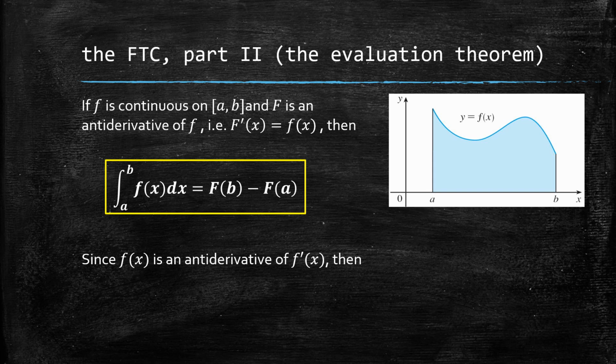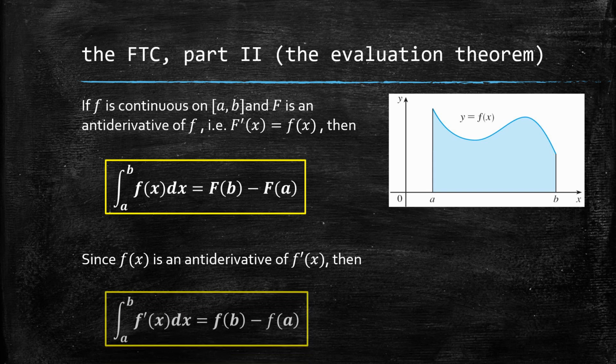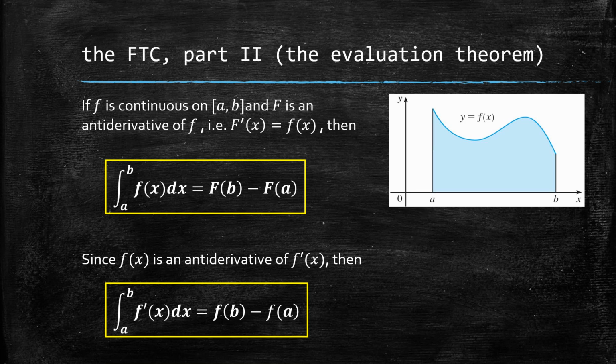So if we replace f of x with f prime of x in the integral, notice that the antiderivative of f prime is just f. We don't even have to use a different letter. And this connection is also very interesting and intuitive, as we will see in the next slide.